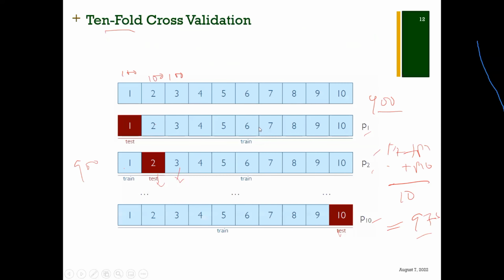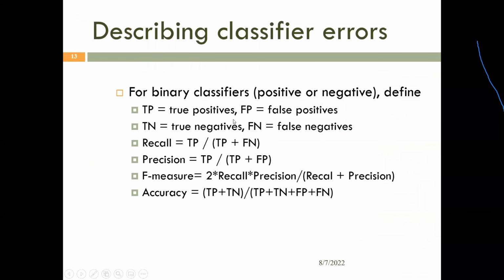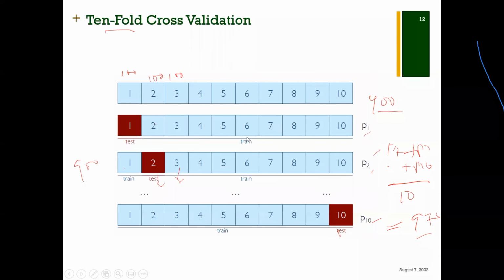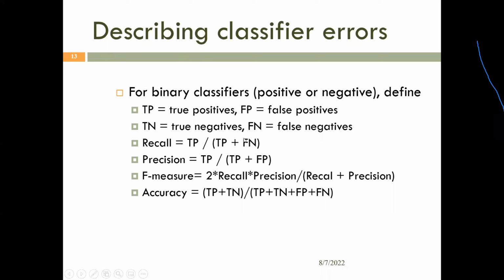Having said that about cross validation, we'll come back to that later. We'll show an example in Weka after some time. Now, another very important thing to note is, how do you describe the classifier? Here we say you have to calculate the result. So what is the result you have to use?